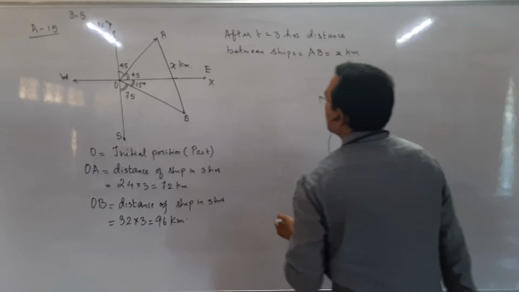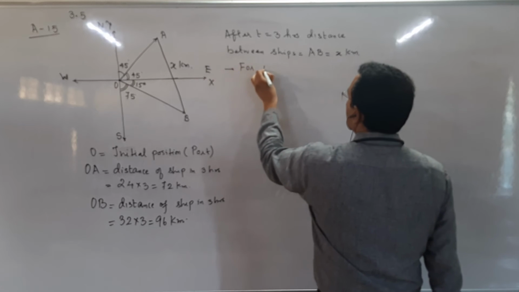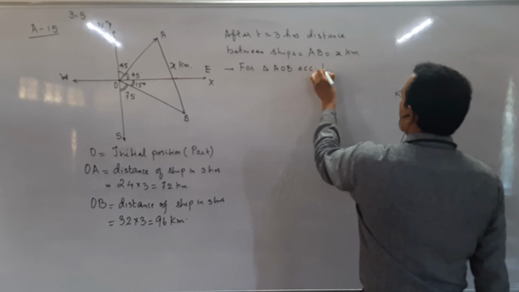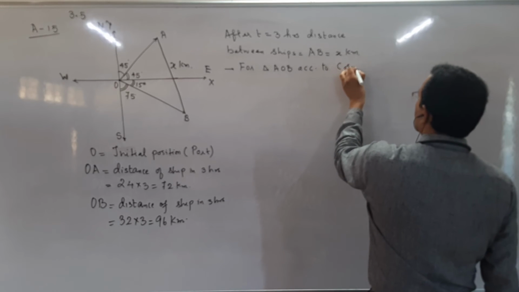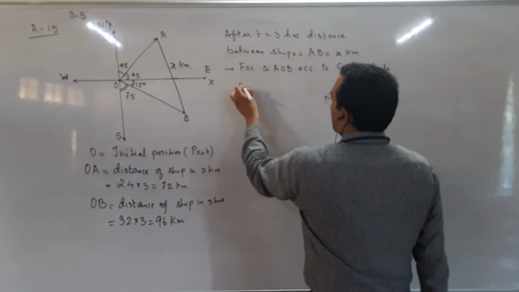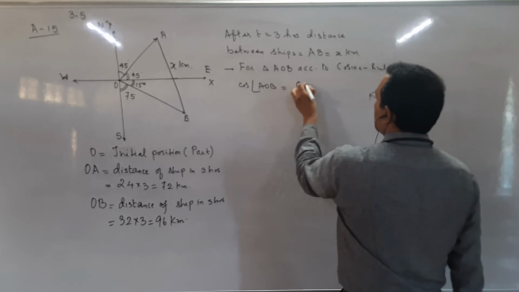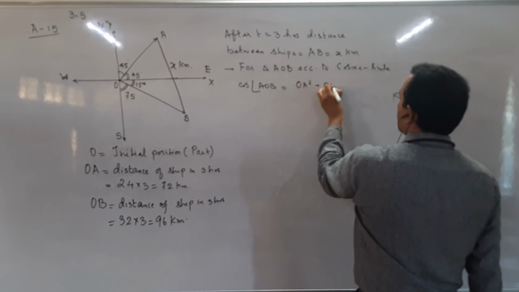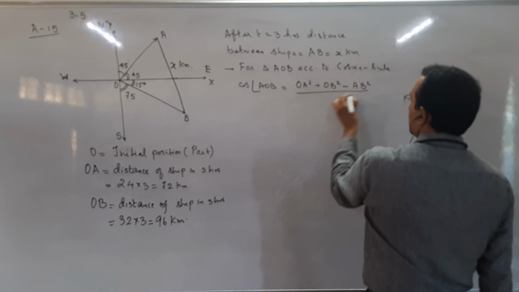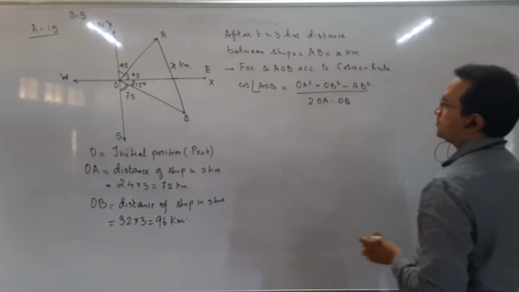Now, for triangle AOB, according to the cosine rule, cos of angle AOB will be equal to OA square plus OB square minus AB square upon twice OA into OB.